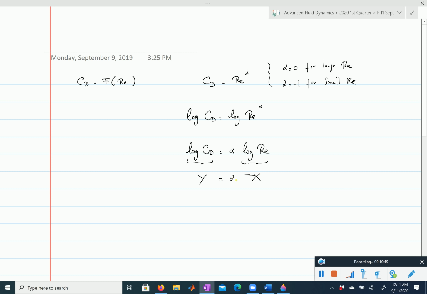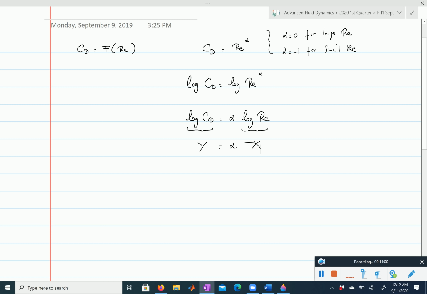And then your power law here looks like y equals alpha x. So a power law in a log-log plot simply looks like a straight line. And the straight line has a slope which is equal to the exponent.